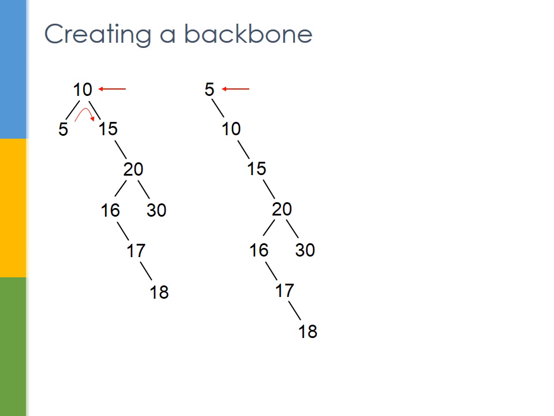Now we need to again check the node referred to by temp and see whether it has a left child. Well, of course, there's no left child for node 5, so we just traverse down to its right child, which is node 10. Again, we check node 10 to see if it has a left child, and once again we see it doesn't, so we traverse again to the right.